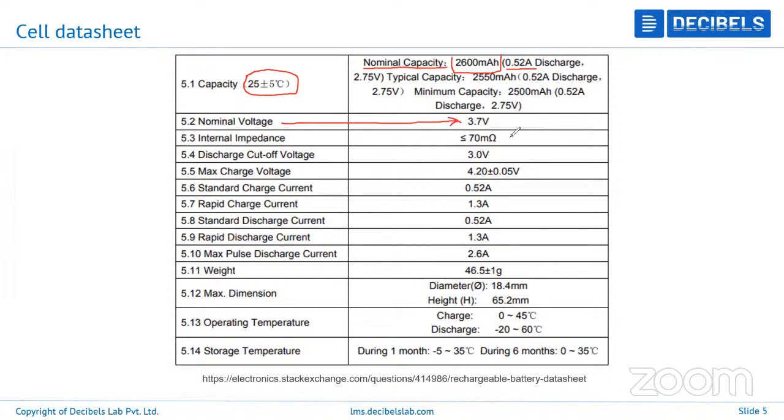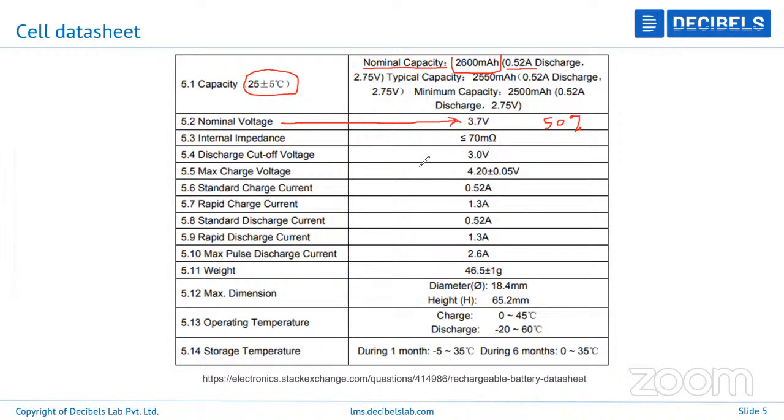Nominal voltage is basically the voltage exactly at 50% of the battery capacity. So at the 50% window, what exactly is the voltage reading? That will be nothing but the nominal voltage.